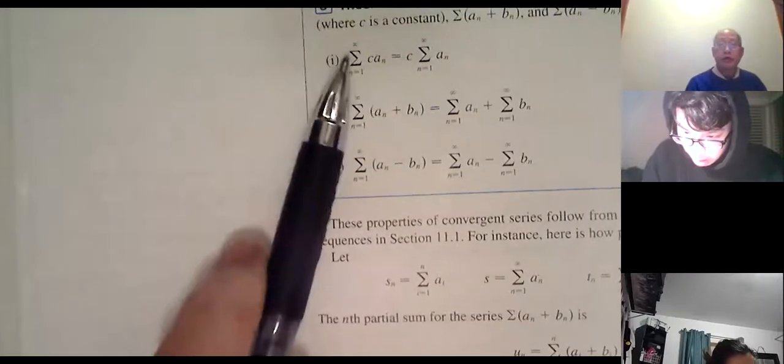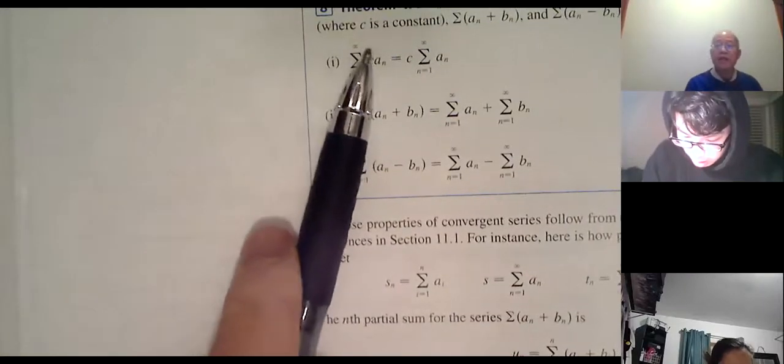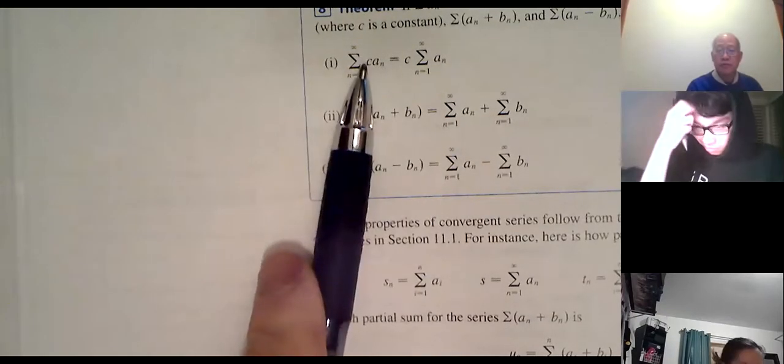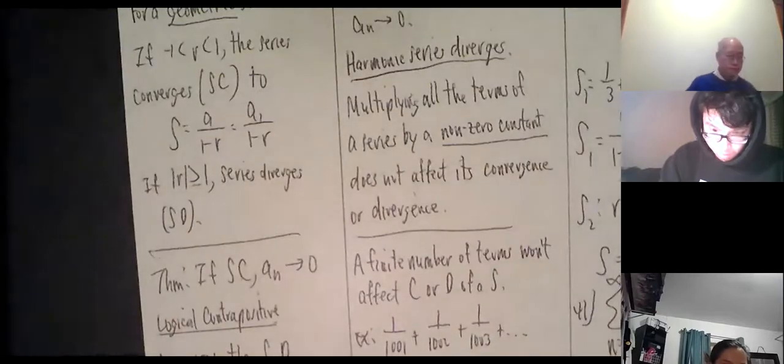If you multiply all the terms by a non-zero constant c, well, if this one converges, then this one converges. If this one diverges, then this one also diverges. So that's what we mean: it doesn't affect convergence or divergence.